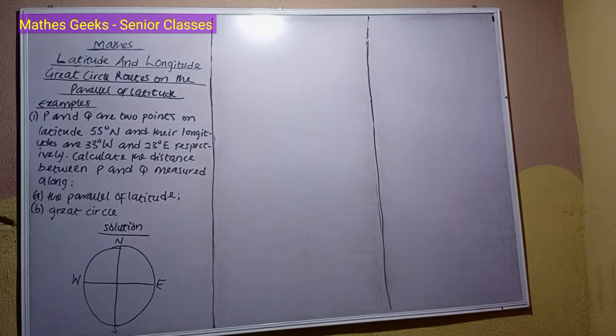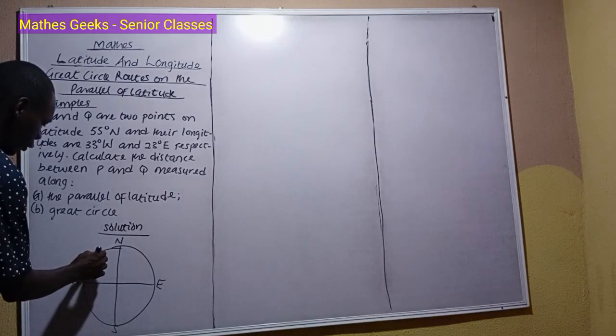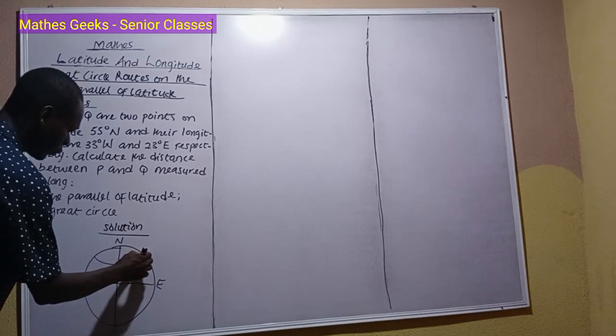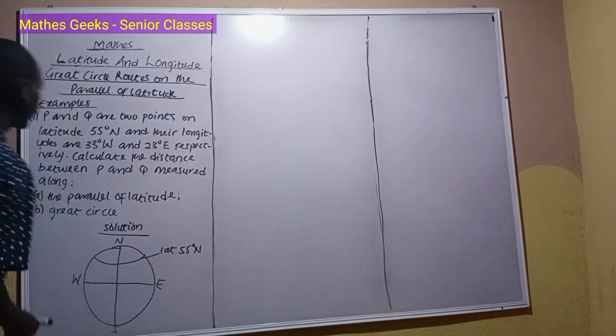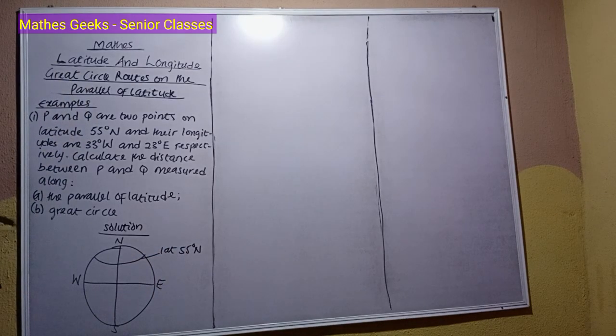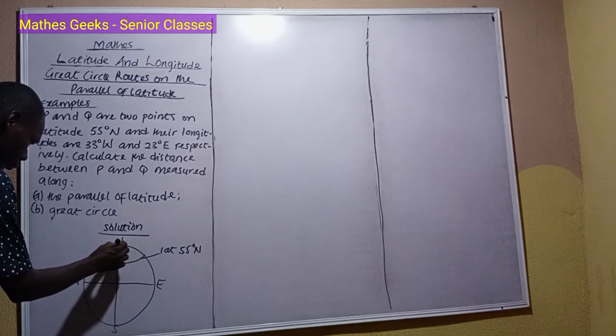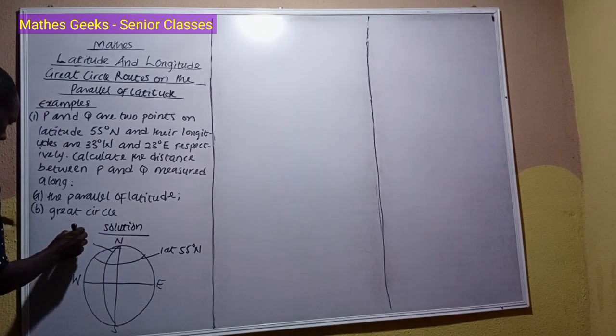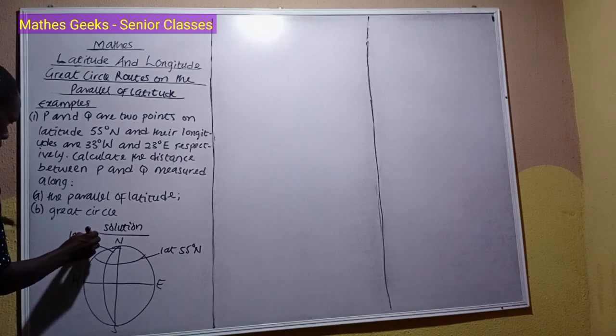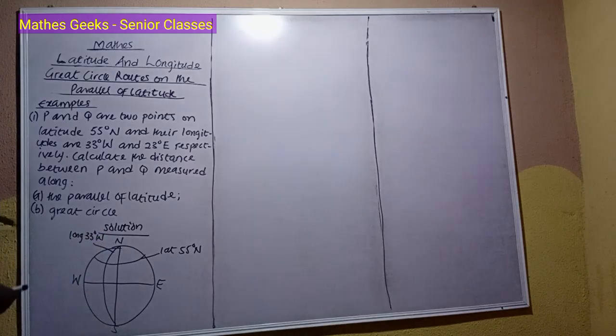P and Q are 2 points on latitude 55 degrees north, and their longitudes are 33 degrees west and 23 degrees east.